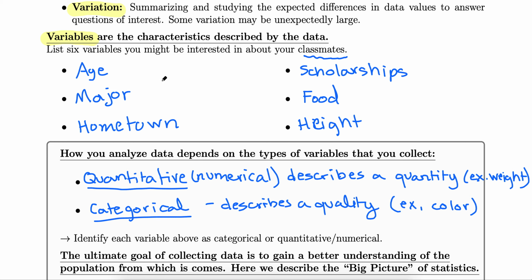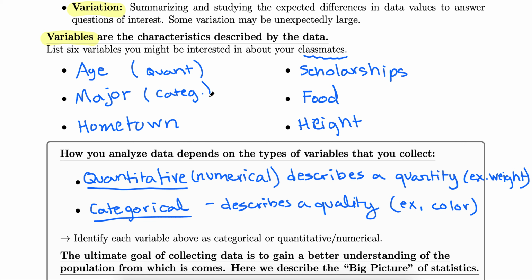So going back up here, let's identify each of these as quantitative or categorical. So age, take a moment, jot down what you think age would be. Age should be quantitative because it's describing how many years you have, a quantity. Major falls in different categories, so this one would be categorical.